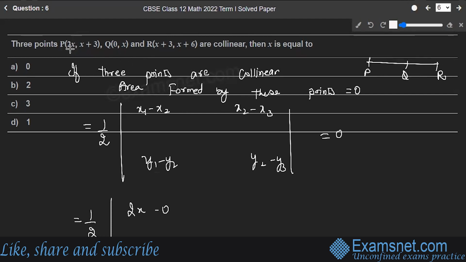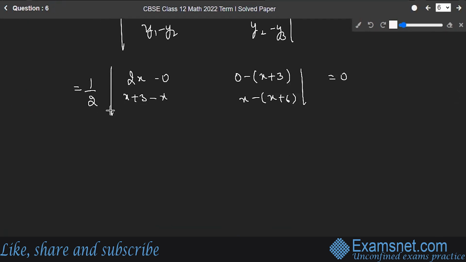Yeah, 2x minus 0. And the next one will be equal to 0 minus of x plus 3. Here you will have the next one as x plus 3 minus x, and here you will have x minus x plus 6. Now this is equal to 0, if these points are collinear.